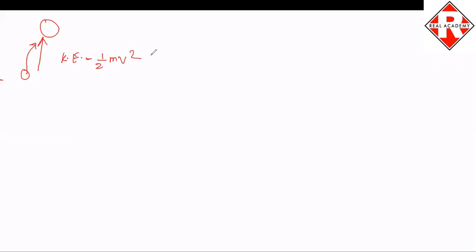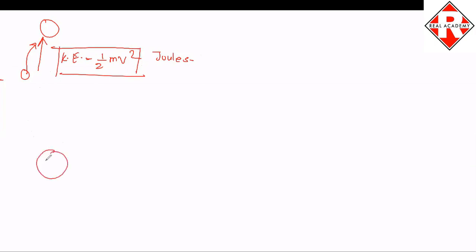Okay, and kinetic energy is given by joules. Is this thing clear? So what is the unit of kinetic energy? Joules. What is the formula? Half mv square, where m is the mass of the object and v is the velocity of the object. Velocity gained because of the kinetic energy. Okay. Now let's just understand the example that they had given.